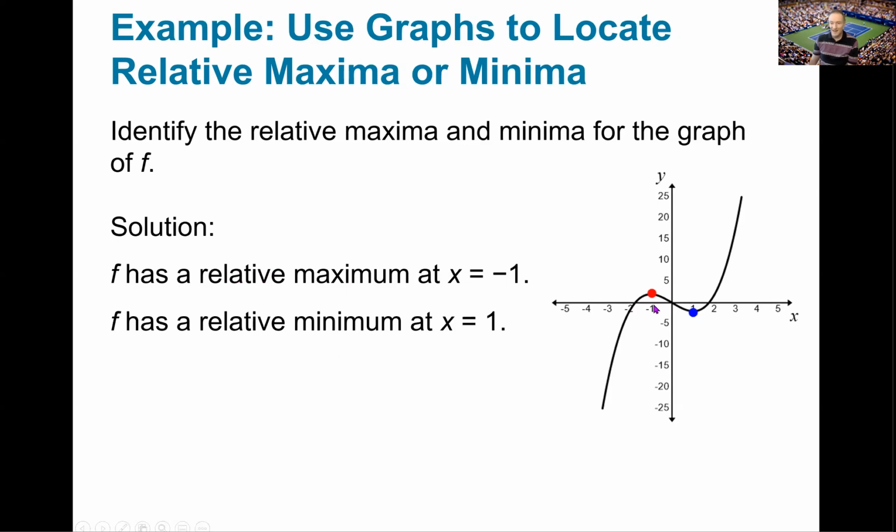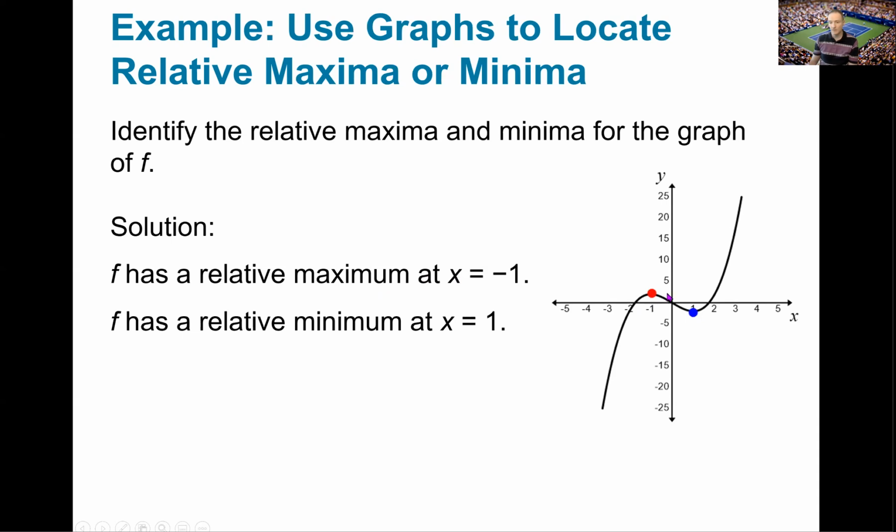So I can say at x equals -1, f of -1 is a maximum relative to any point immediately around it. It's higher than any point immediately around it. It's my maximum point. So I can say f of -1 is my maximum, or I can say f has a relative maximum at x equals -1.